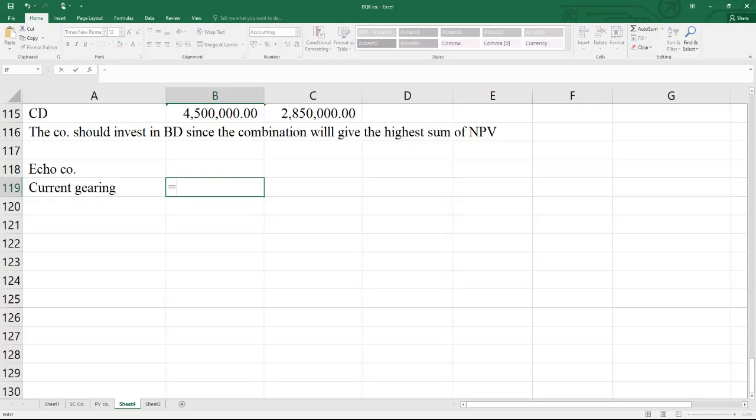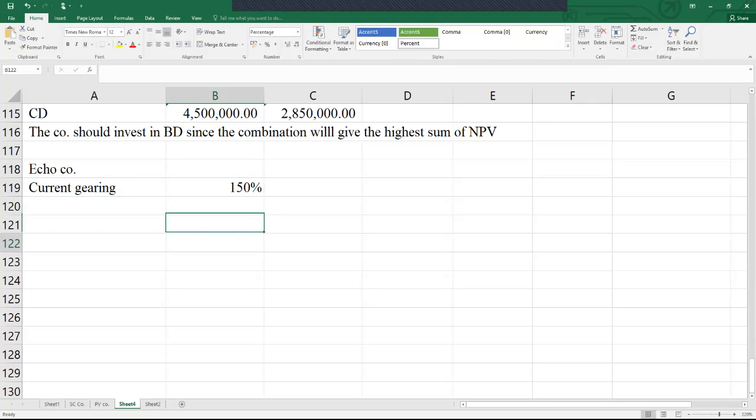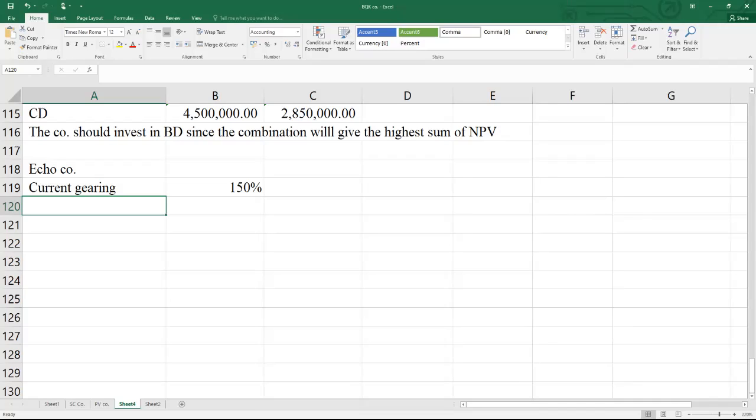The debt is 30 million, out of equity of 20. Expressed as a percent, the current gearing ratio is 150%. If you compare this with the industry, where other companies have a gearing of 80%, this company has an excessive gearing.